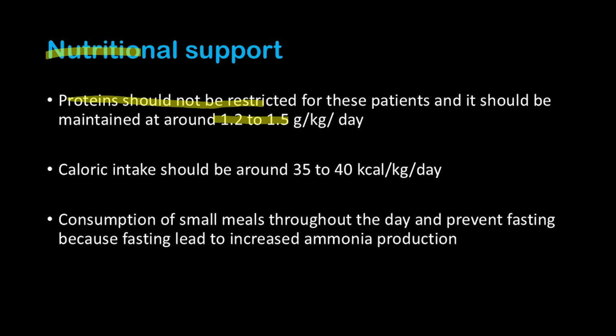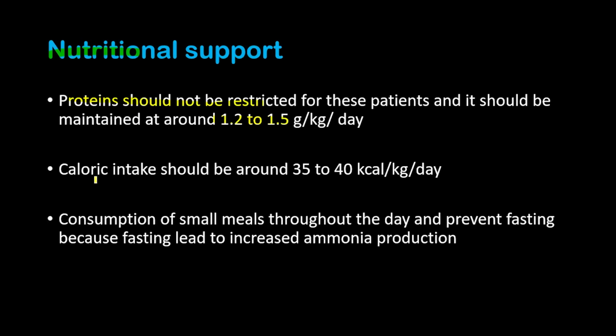So restricting proteins will mean further exacerbation in hepatic encephalopathy because the body will be much weaker. Now, the caloric intake for these patients should be around 35 to 40 kilocalories per kilogram per day.